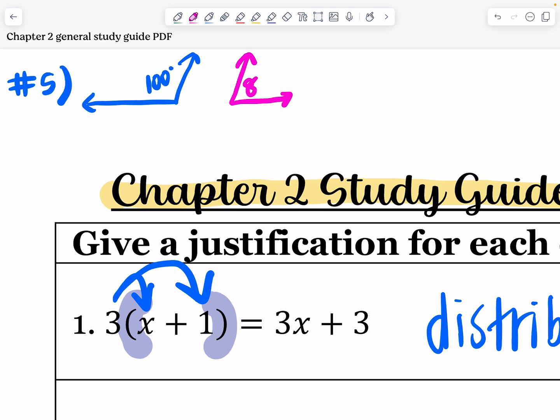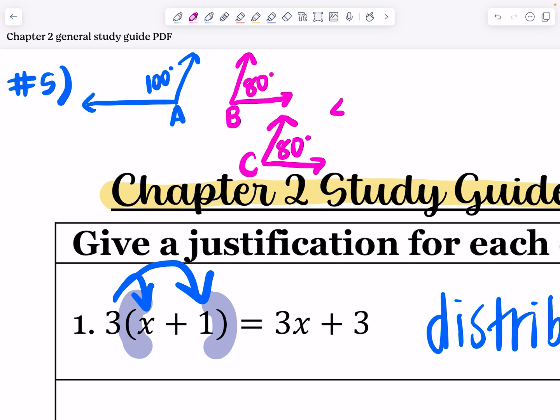You do 180 minus 100. If I told you angle A and angle B are supplementary, that would be true because they add up to 180. What if I told you another angle, C, is also supplementary to A? What would it have to measure? It would also have to measure 80 degrees.